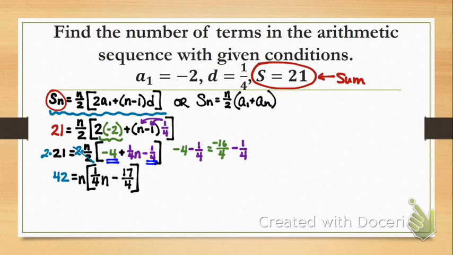There we go. Now I would distribute that n. So I would have 42 equals 1/4 n squared minus 17 over 4 n.